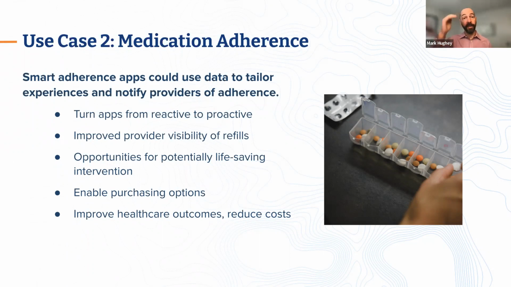You can also get different medication tiers. So, based on cost, there are different tier levels that would facilitate all kinds of cost analysis or even direct purchasing options for covered medications directly from the app.